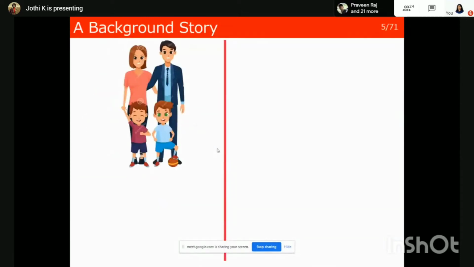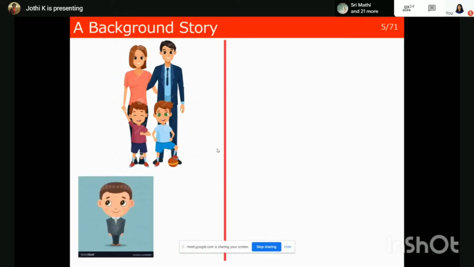Now let's move to story number 2. This is another story. Consider a very small family with two kids. As you can see from the figure, one kid is a naughty guy, a little bad guy. The other is a kind of good guy. So one good guy, one bad guy.